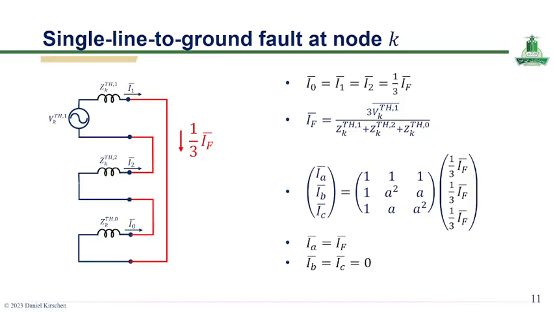The results show that only phase A carries current during this fault, while phases B and C have zero current. This confirms the characteristic behavior of a single line to ground fault, where the fault phase conducts the entire current and the system becomes highly unbalanced.